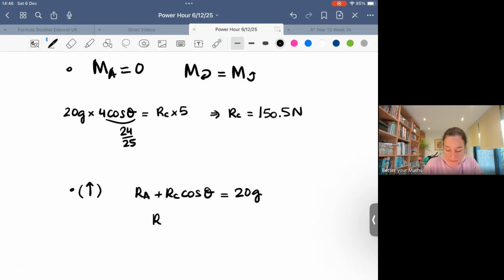So RA is going to be 20g minus RC, that was 150.5 newtons, times cos, that was again 24 over 25.